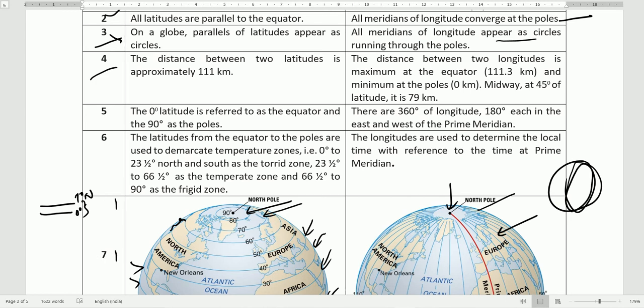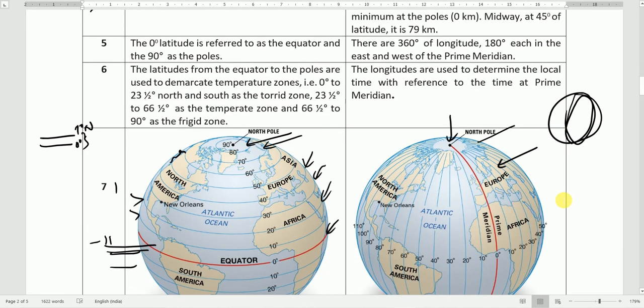That means the distance between two latitudes is approximately 111 kilometers, and the distance between two longitudes is maximum at the equator, as you see here.